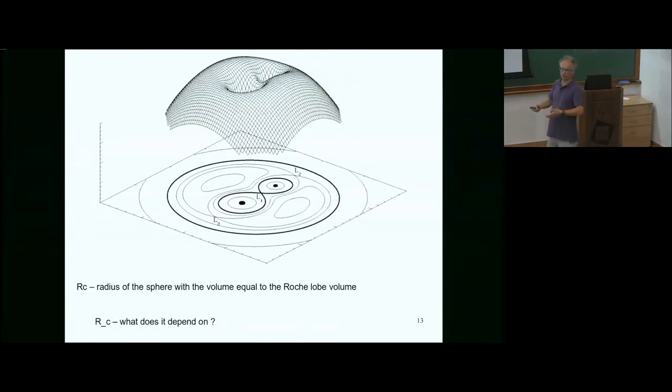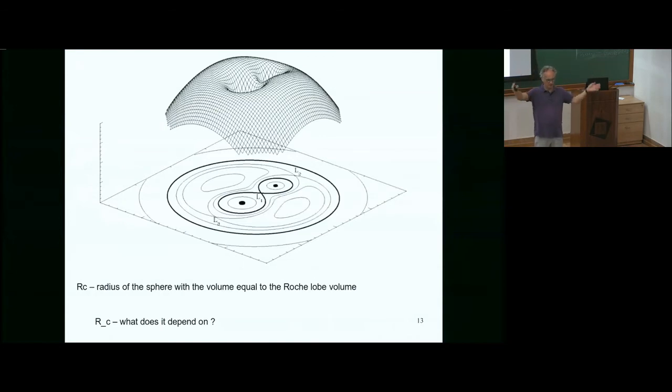We want to give a characteristic size to this value. So we define that the Roche lobe radius is the radius of the sphere with the same volume as the Roche lobe region, which of course is not spherical.